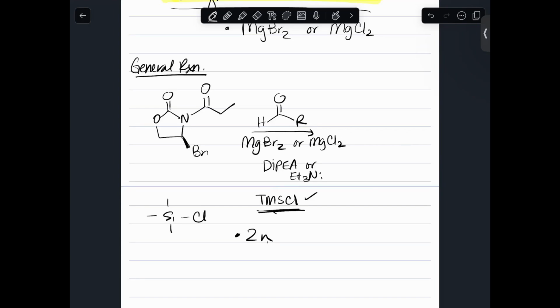So it's literally two reactions in one round bottom, which is pretty amazing, right? Because the whole goal of organic chemistry is to cut down the number of steps, cut down the number of reagents, purifications that you need. You want to save time and you want to avoid using as many toxic chemicals as you can.